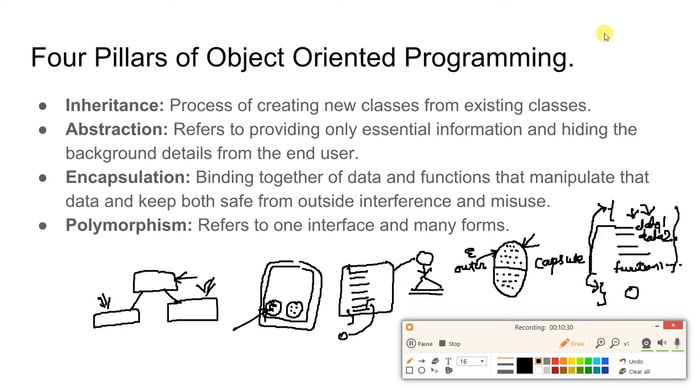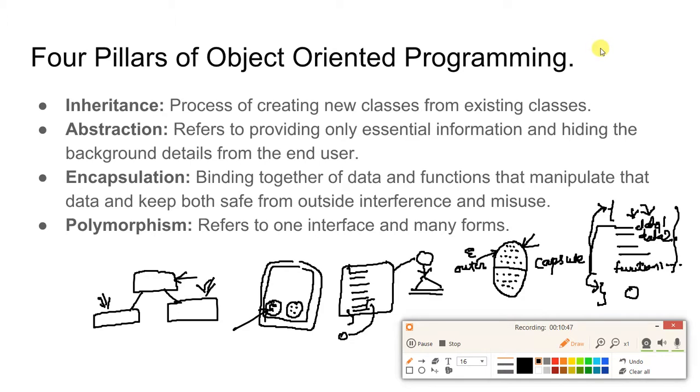I would not like to explain polymorphism in great detail right now because you will not be able to understand it. Polymorphism becomes more clear when you actually see a running example of how it is implemented.